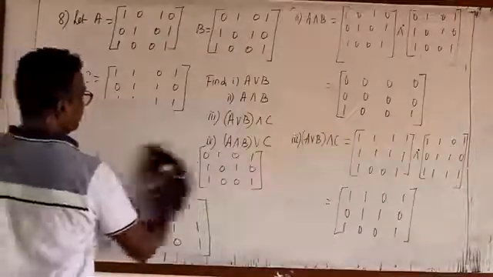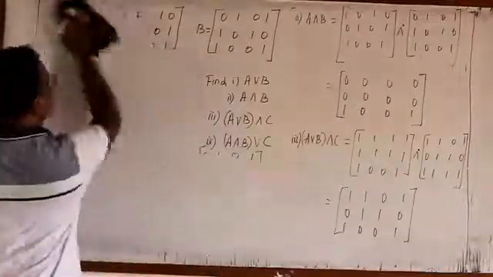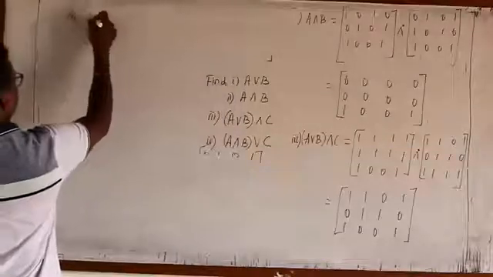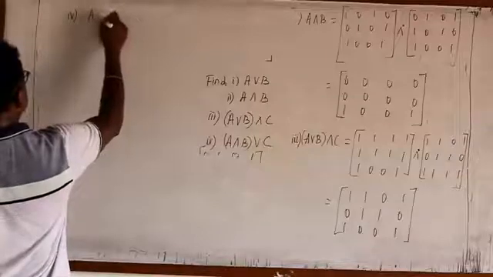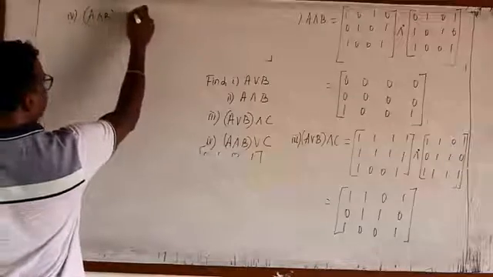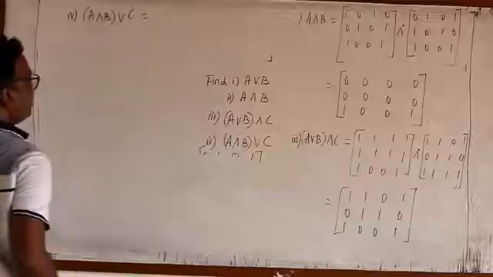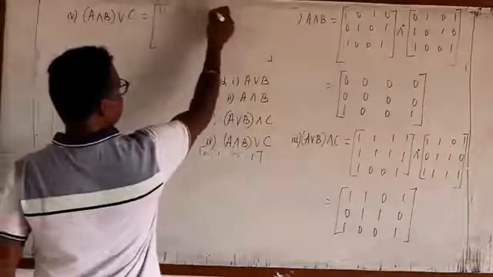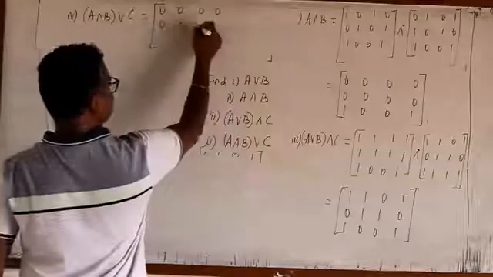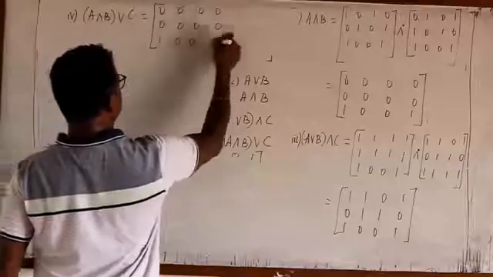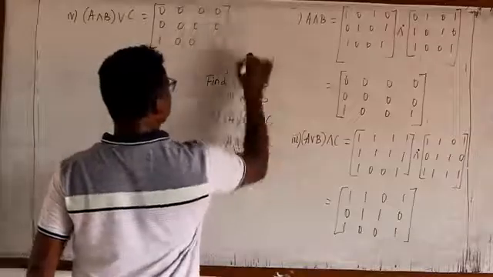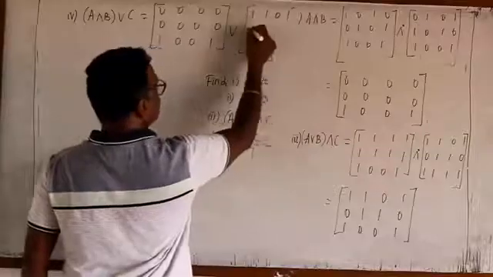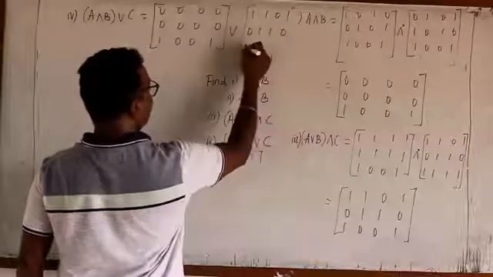Now we shall go for the fourth one. For the fourth question, A conjunction B, disjunction C. But we have A conjunction B as this: 0 0 0 0 0 0 0 0 1 0 0 1. OR, what is C? C we have here as 1 1 0 1 0 1 1 0 1 1 1 1.